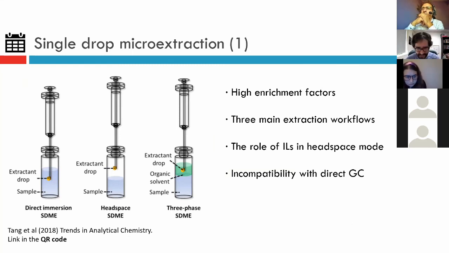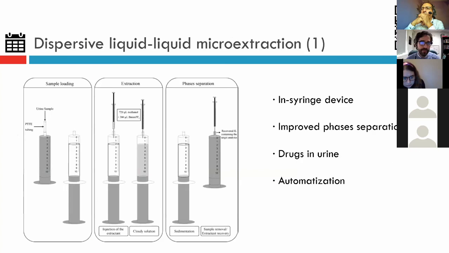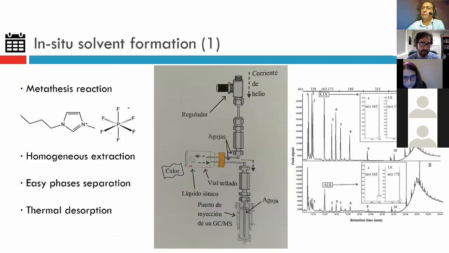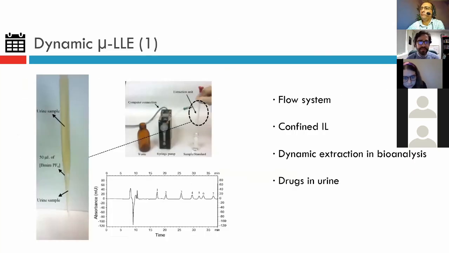We need results from our samples as quickly as possible. And we are very close to the equilibrium in the dispersive and also in the in situ solvent formation approaches. And when we are working with the dynamic approach, probably this is an intermediate situation. So we are not very far from the equilibrium, but we are not working at the equilibrium at all.